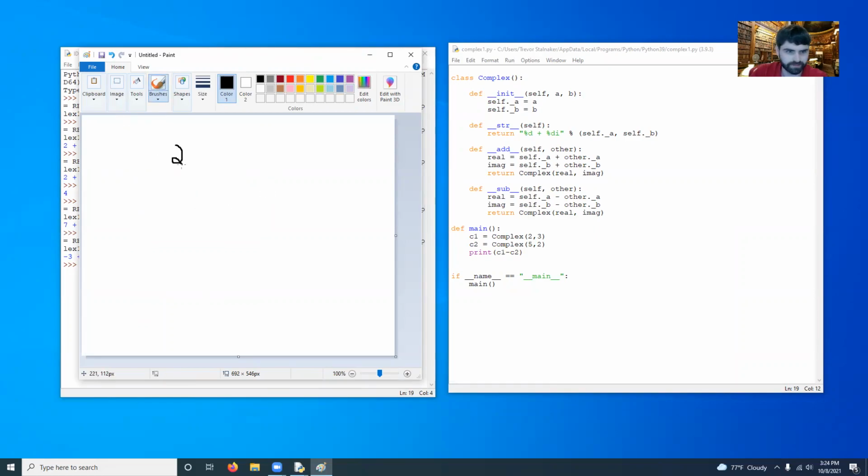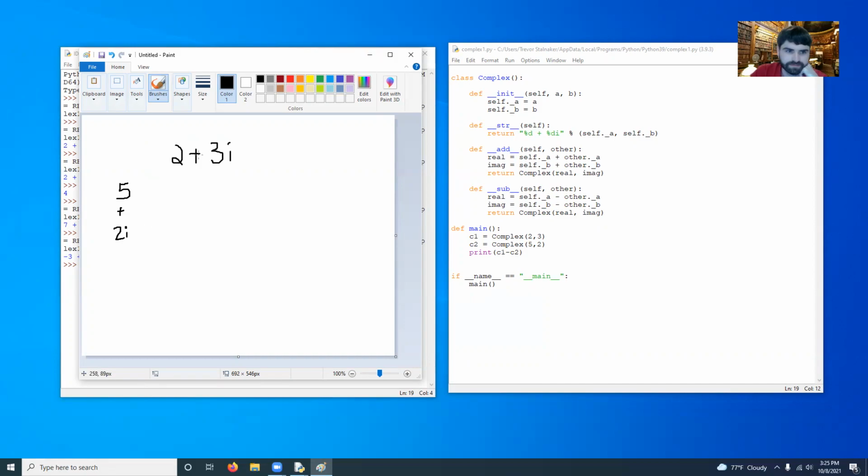So we've got 2 plus 3i, and we've got 5 plus 2i. And I've written them like this for a reason. How are you going to multiply them? Well, you can do the FOIL method, right?